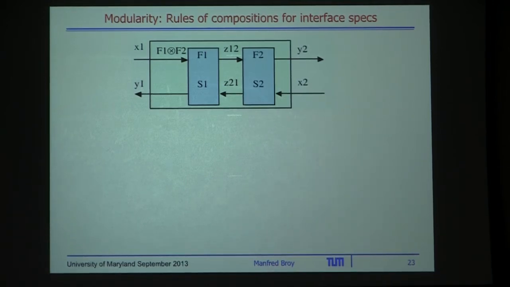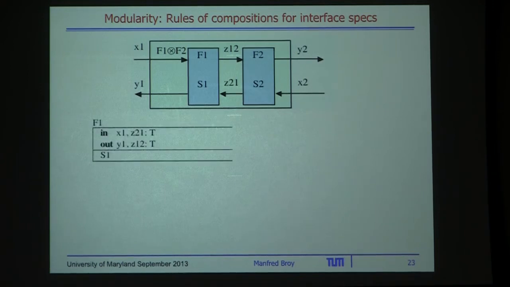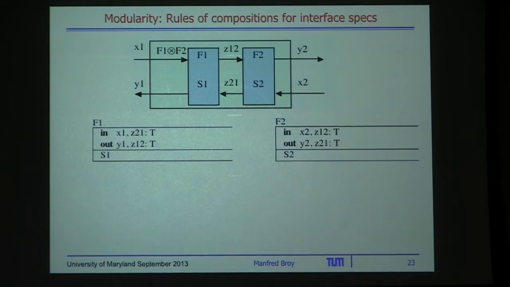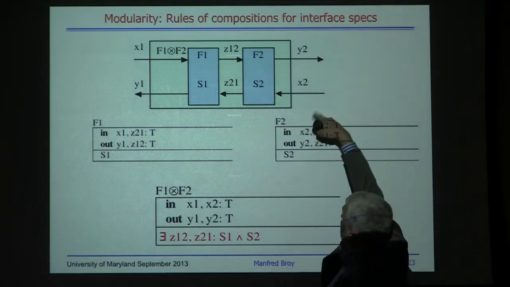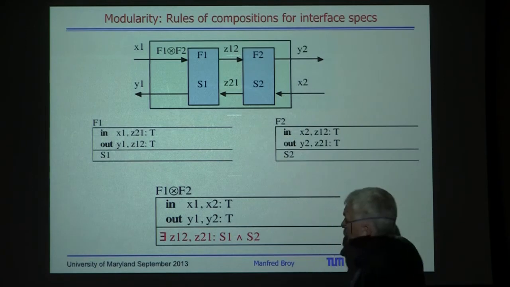This requires, of course, a certain consistency in naming the channels, but it gives a very simple way of composing systems. We can form architectures that way. But the interesting question is, given two specifications for the subsystems, how can we derive from that the specification of the composed system? We put them together and we get a new interface behavior, with the remaining input and output channels, which are not used as internal channels.